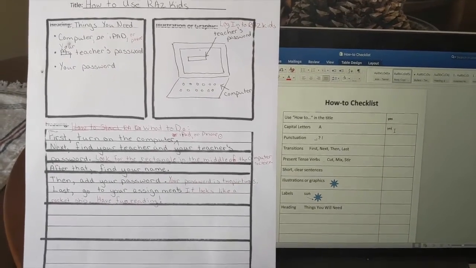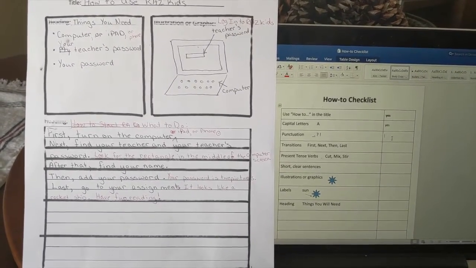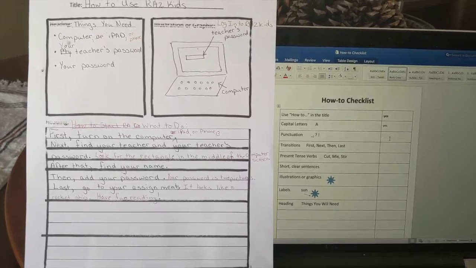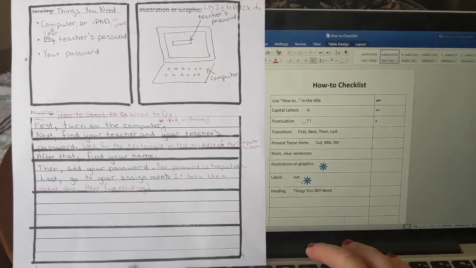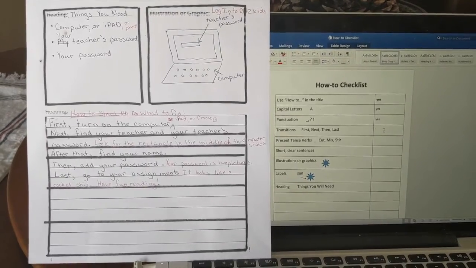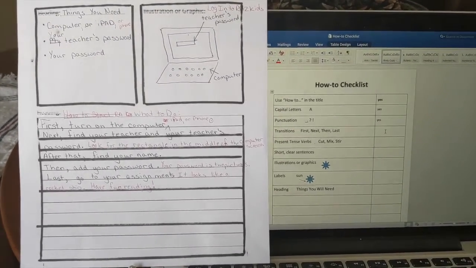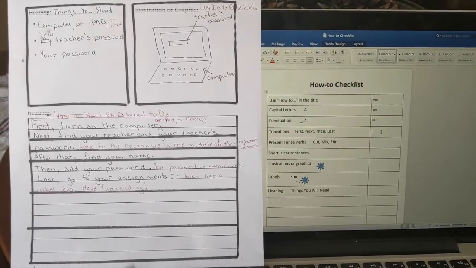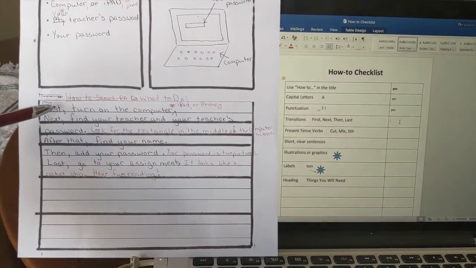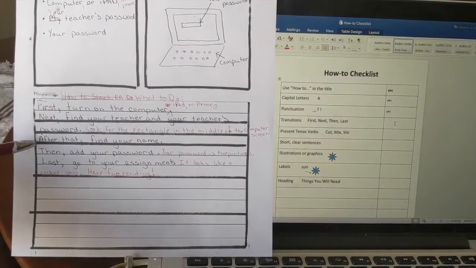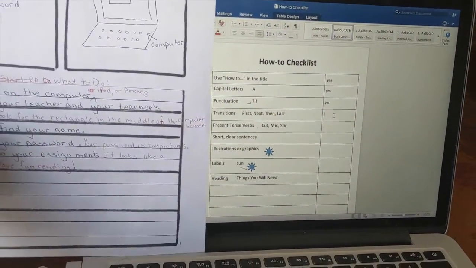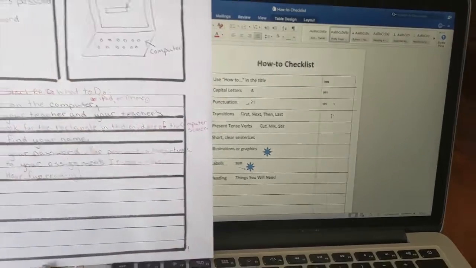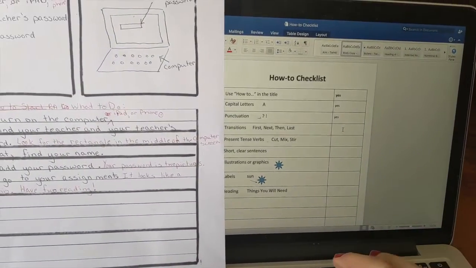So I'll put yes again. Did I use periods, question marks, and exclamation marks at the end of each sentence? Yes. Did I use transitions, like first, next, then, and last? Yes. Almost each sentence starts with a transition. So I'll go ahead and add yes.